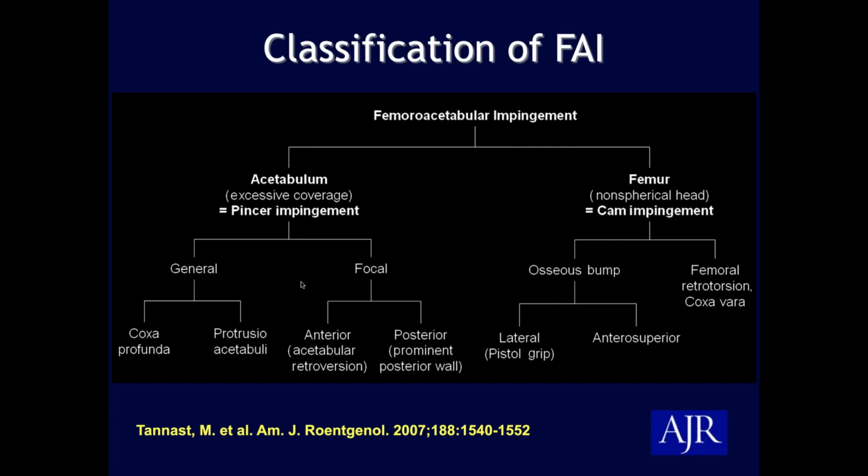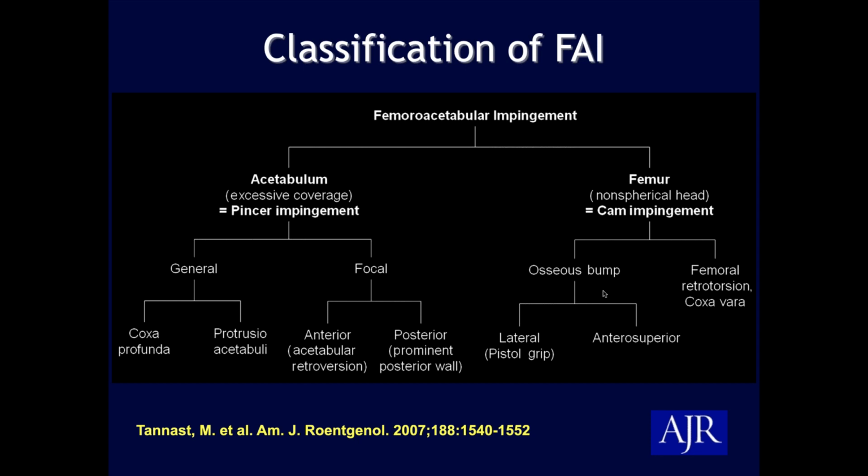And there are a lot of ways that these have been categorized. You have pincer type acetabular disease. You can have coxa profunda, protrusio, anterior acetabular retroversion, prominent posterior wall. Any of those can produce increased potential for impingement involving the acetabulum itself.